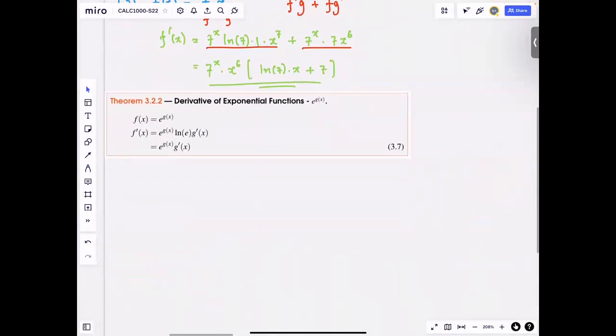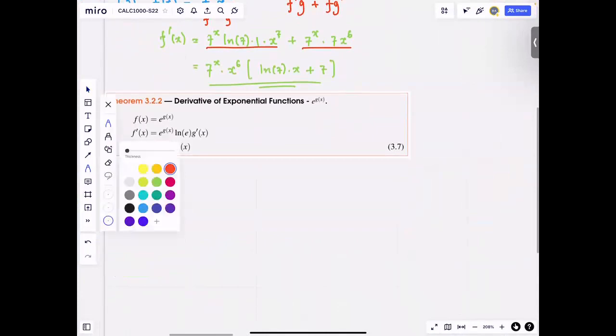Okay, now what you're going to notice here, in my first example, find the derivative of f of x is equal to e to the power of 5x. Well, e is a constant, so we could have just used the same rule as before.